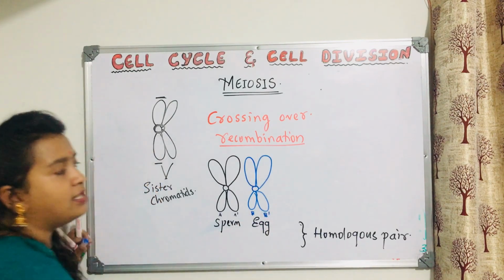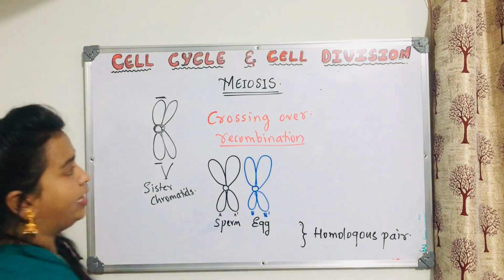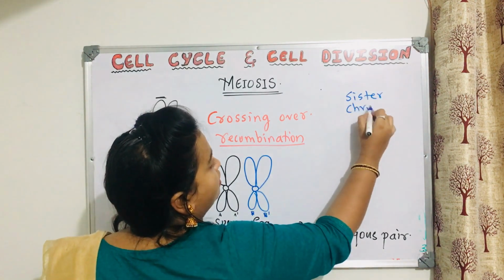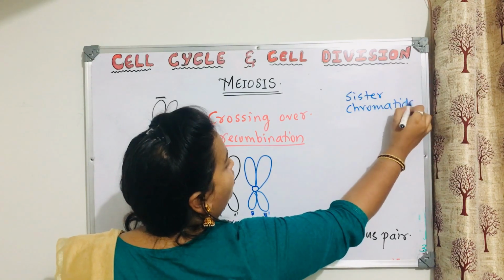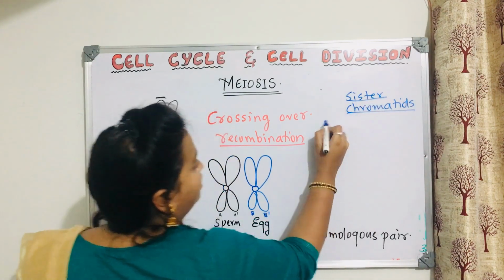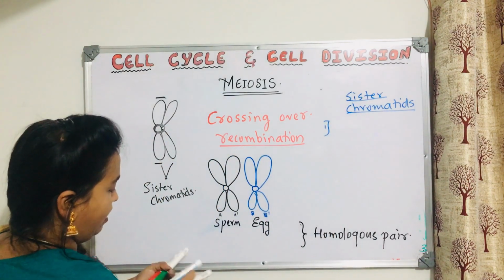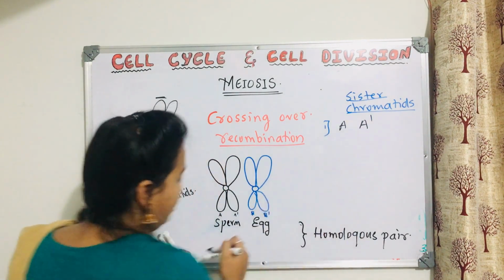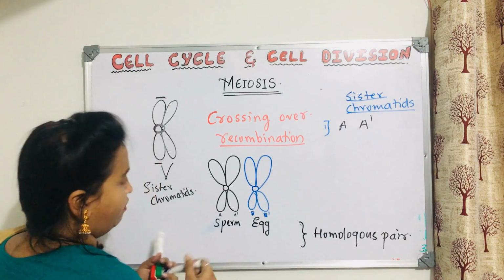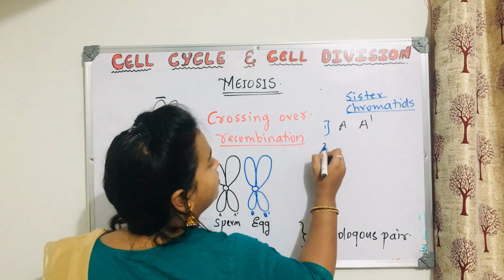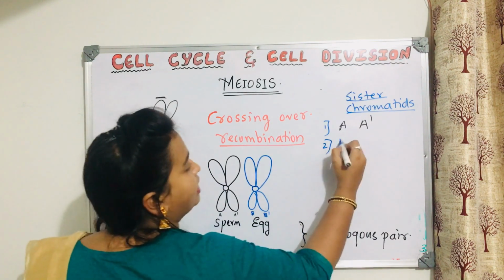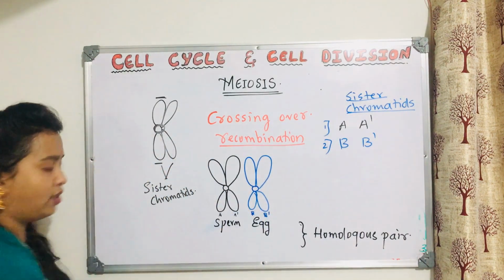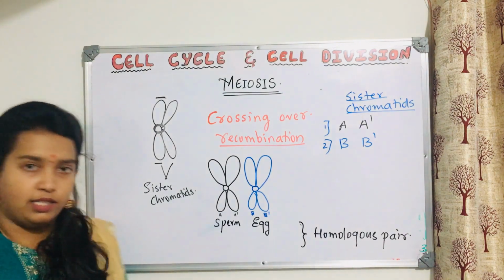So sister chromatids here: the first one, A and A dash, and in the second one, B and B dash. These both are sister chromatids and these both are sister chromatids. So you know what sister chromatids are.